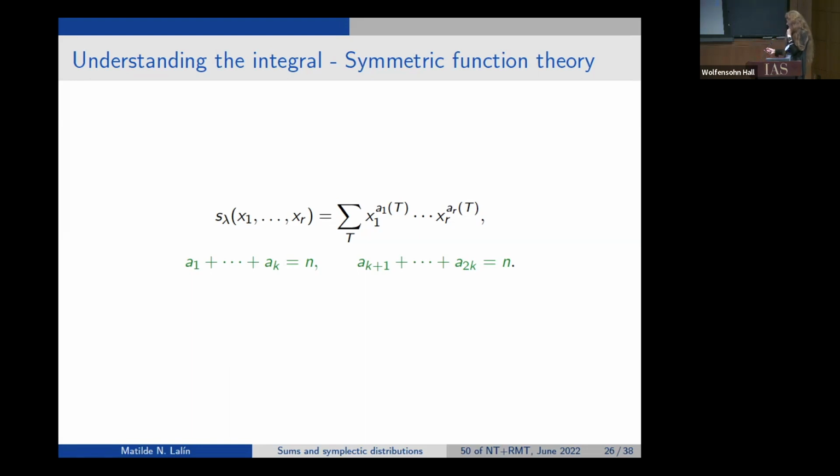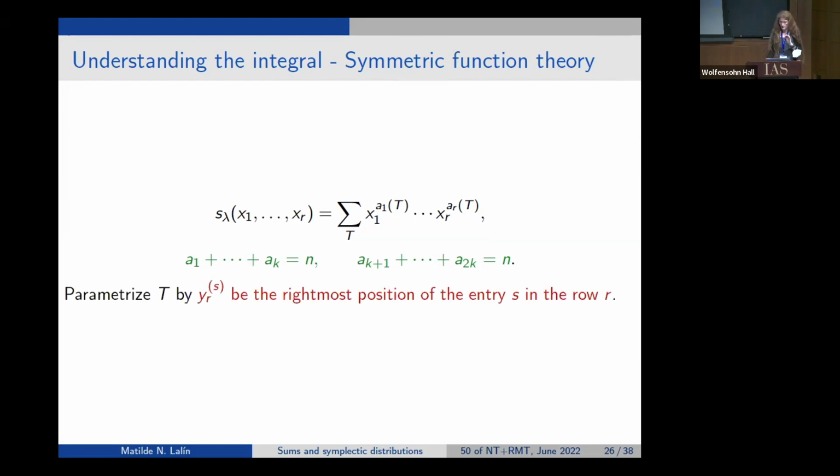Having m and n is equivalent to forcing the total number of cells with numbers 1 up to k to be n, and also the number of cells with numbers k plus 1 to 2k to be n. And so we can parameterize the Young tableau using an idea that actually comes from KR3.